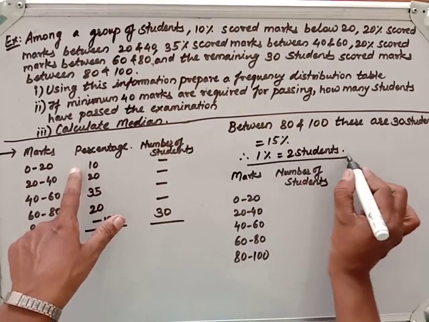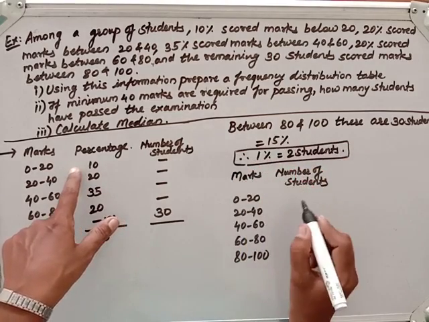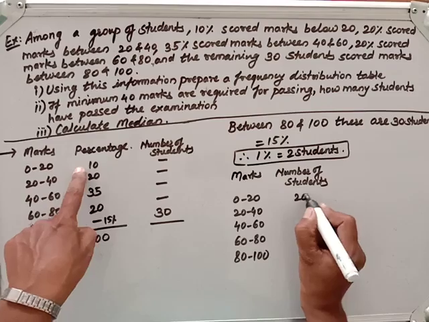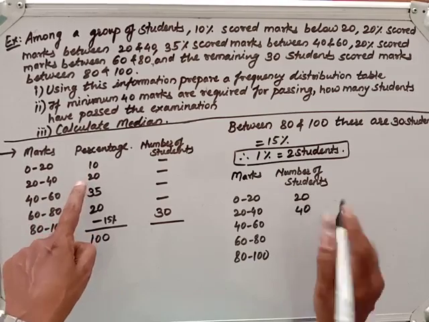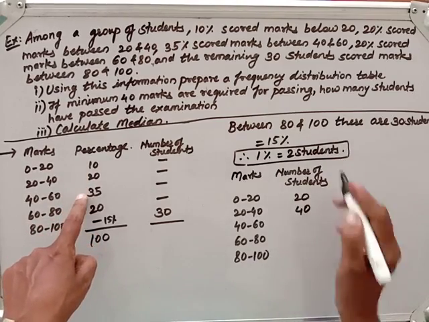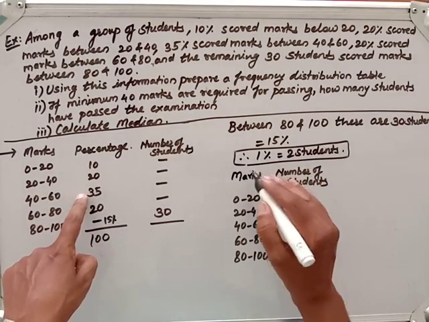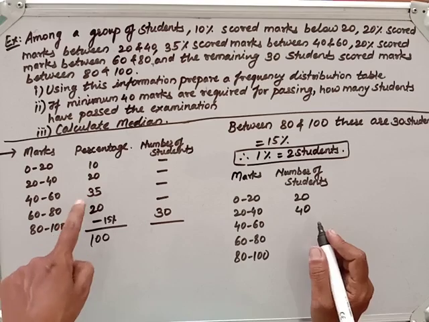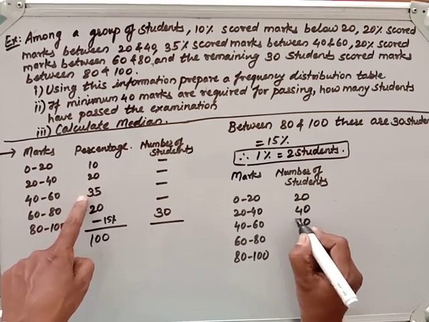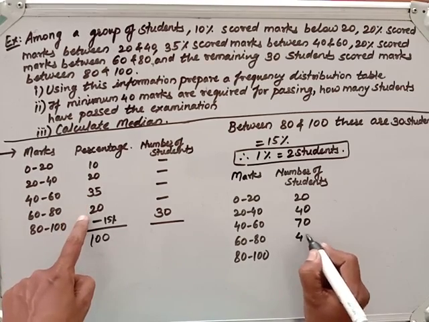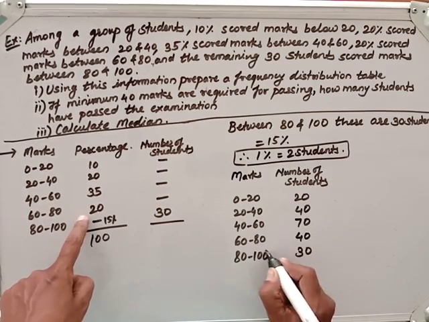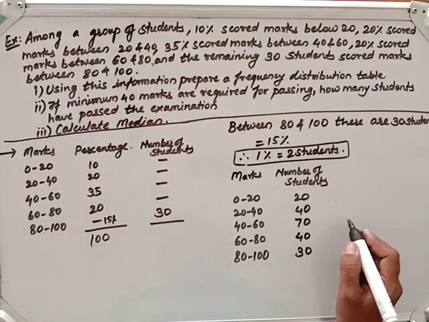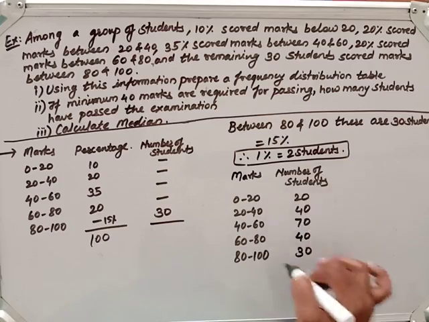From this relation we got the number of students. 10%, so here 20. 20%, so 40. If in percentage it is half of it, number of students are double of it. Fine. 35, so that will become 70. 20, then again 40. And here it is given 30.